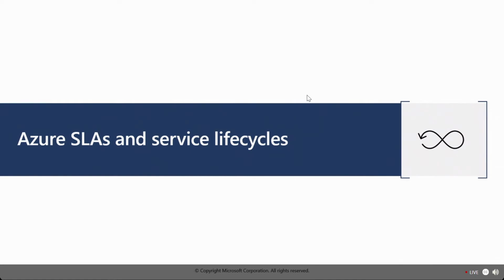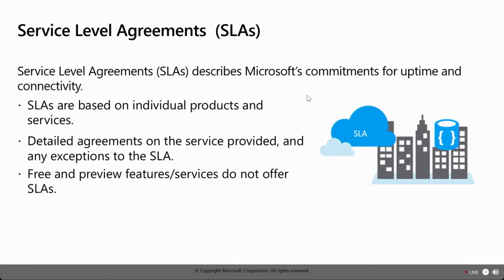So the first thing is, what is a service level agreement? Now, we've talked about high availability and uptimes and what happens if you're down. Well, essentially, when you sign up for Azure or you deploy certain Azure services, there is a service level agreement. That service level agreement is a contractual obligation that Microsoft is committing that this specific service will be up and running a minimum time per month.